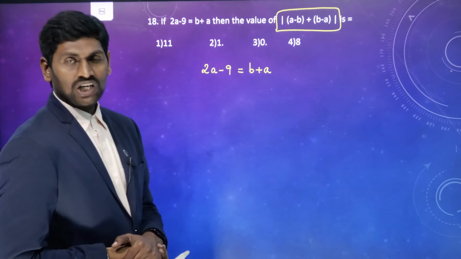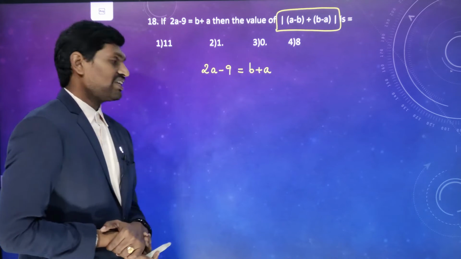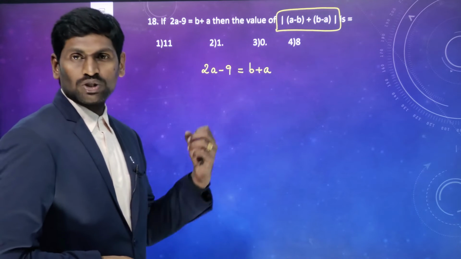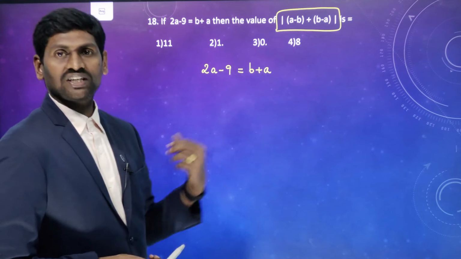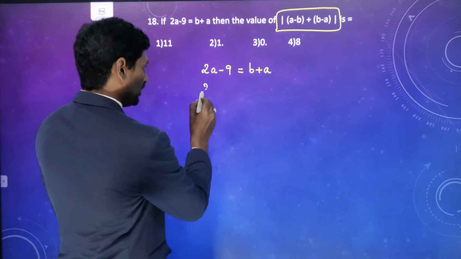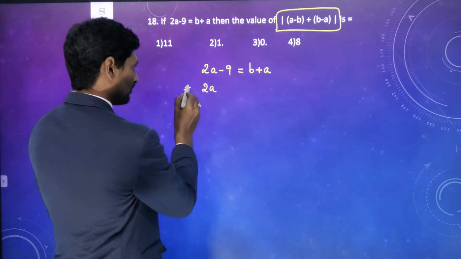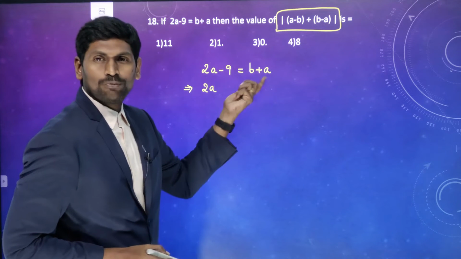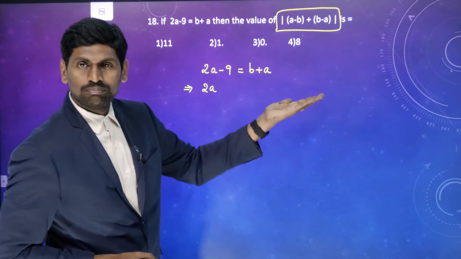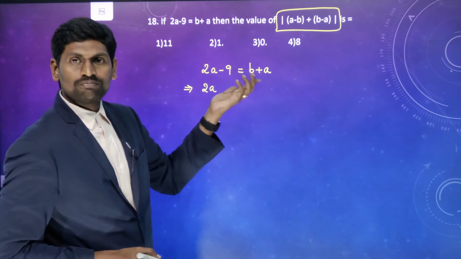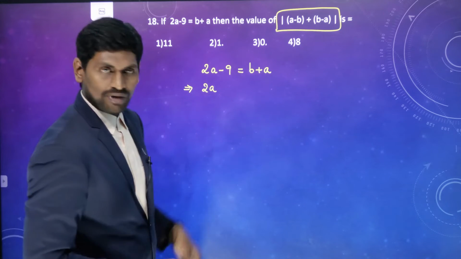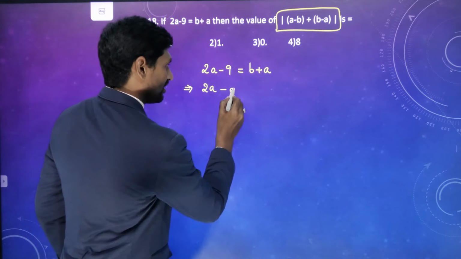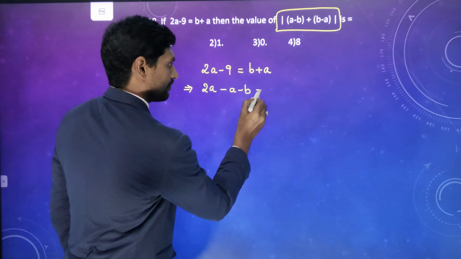I am taking all the variables to one side and all the numbers to the other side. Here 2a is a variable, and b plus a are both variables only. Both are letters, so I am bringing them to this side. Plus b becomes minus b and plus a becomes minus a. So I can write 2a minus a minus b.